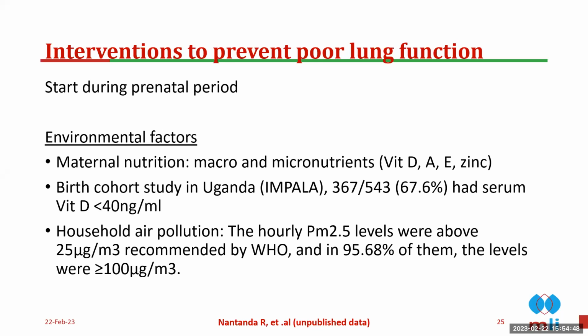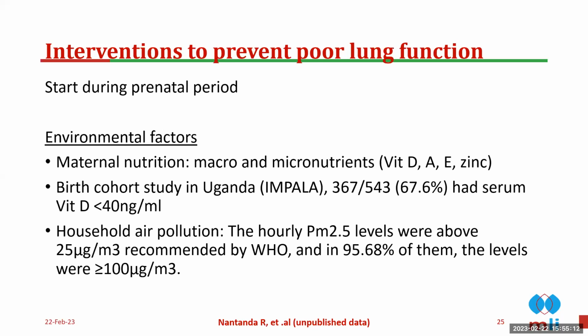And if you read through the literature, this is one of the key nutrients that are important in lung growth and development. The other environmental exposure, which is important during the prenatal period, is household air pollution. Again, we went out to measure the pollution they're exposed to in their households by measuring what we call the particulate matter 2.5.